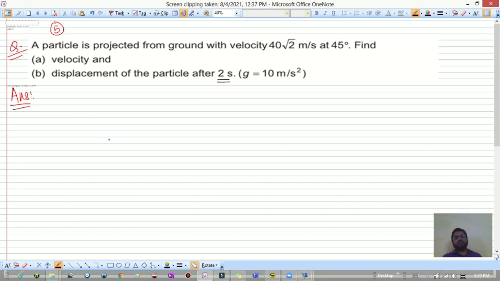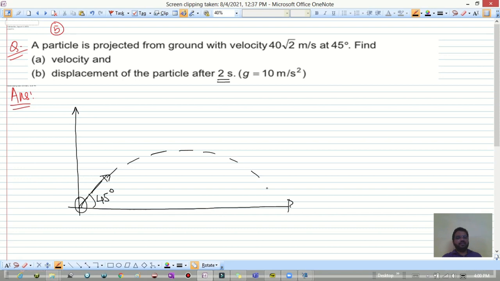Okay, so it is given a particle is projected from the ground at an angle of 45 degree, and this particle will go and hit somewhere here. We want the velocity vector and the displacement vector after 2 seconds. So let us consider after 2 seconds the particle is somewhere here, right?